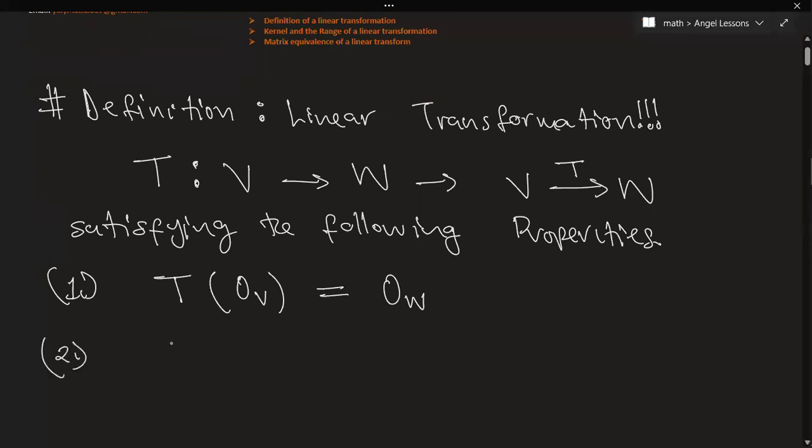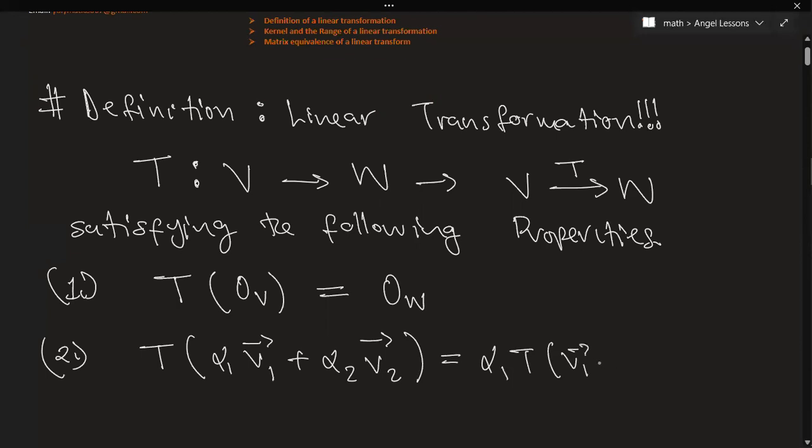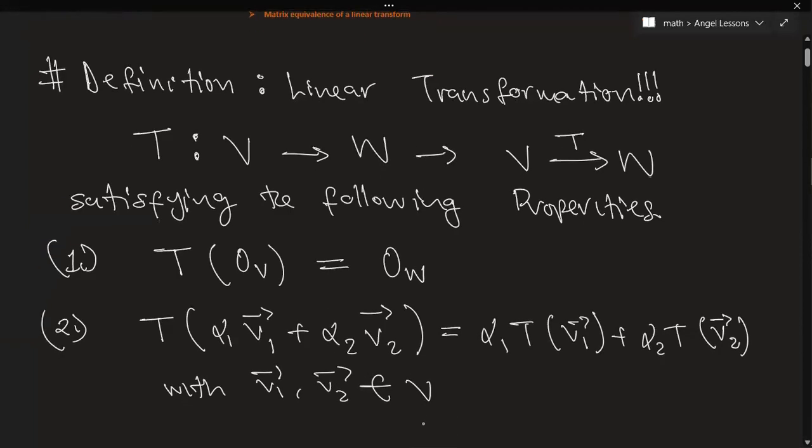Then the second one is that if you take T of alpha 1 V1 plus alpha 2 V2, where V1 and V2 are elements of V, then you must get alpha 1 T(V1) plus alpha 2 T(V2).